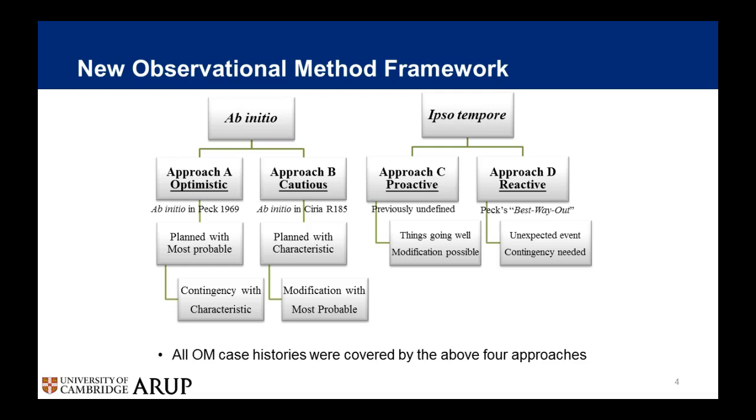Even with the obvious benefits of the observational method, it has demonstrated lots of savings in projects that used it. However, lots of uncertainties still remain in the observational method, such as uncertainties in deriving the values for the design parameters. For example, what's the characteristic parameter? What's the most probable parameter?